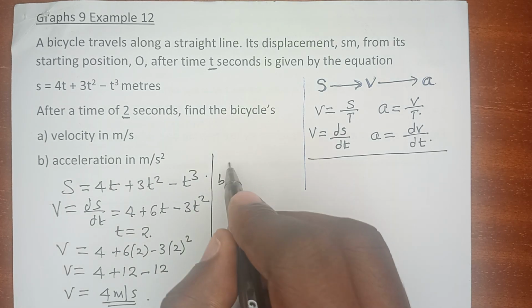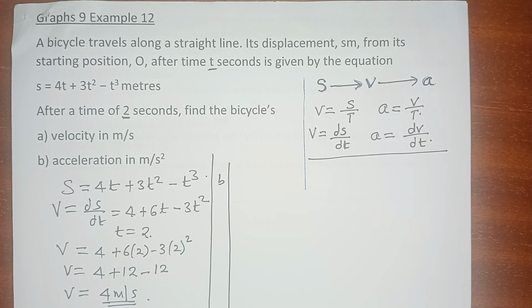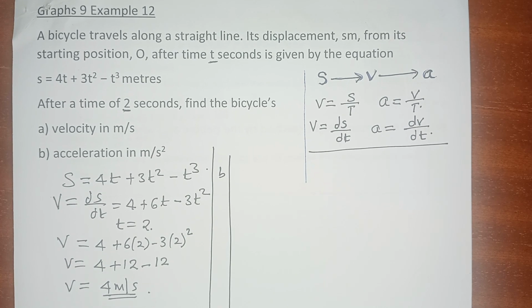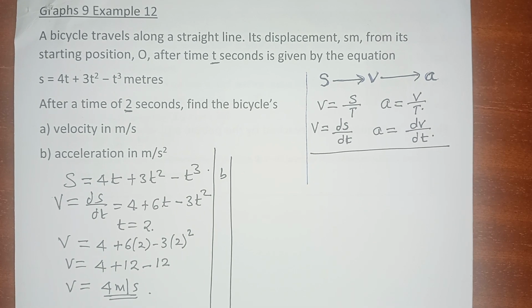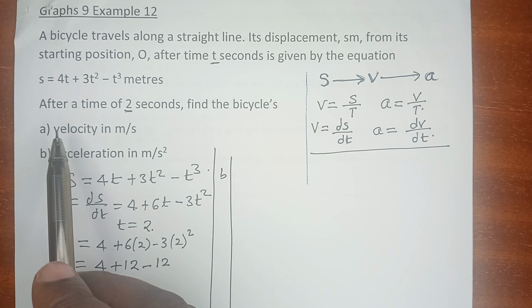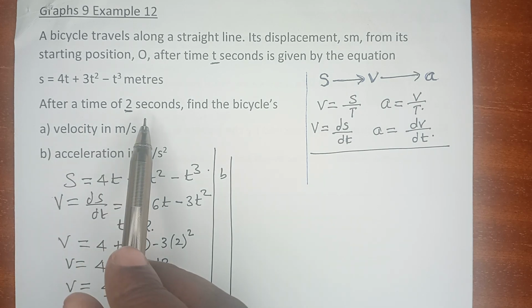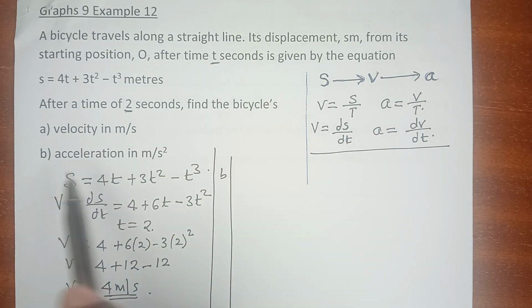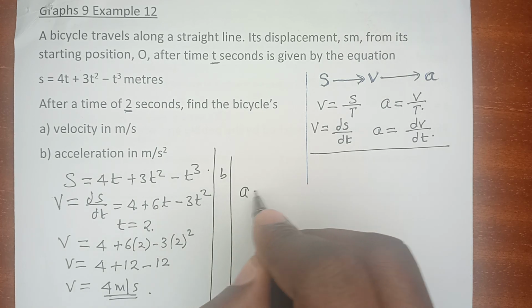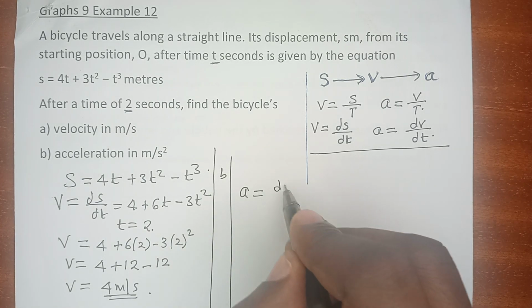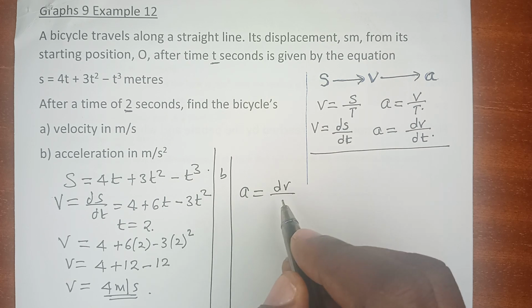What about part B of the same question? You realize that part B is asking about acceleration. After a time of 2 seconds, find the bicycle's acceleration. And we know acceleration is the differential dv/dt.